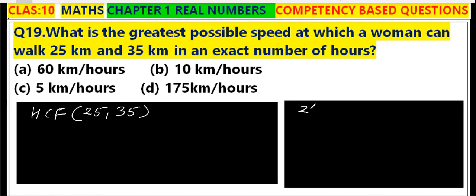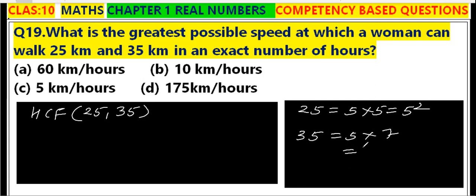So here you say 25 is 5 into 5, so 5 power 2. And 35 is 5 into 7, or you can say 5 power 1 into 7 power 1. So here you will see कि देखिए, for HCF we take the lowest power, it is 5 power 2 and 5 power 1.